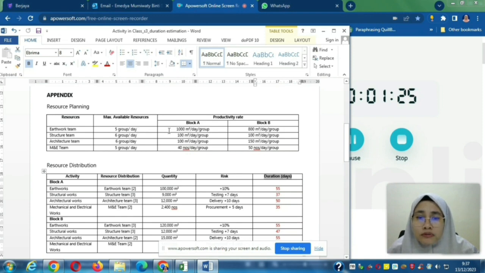For block A, the productivity rate for each group will be 100 meter cube of excavation or earthwork per day per group, and for block B it is 800 meter cube per day per group.